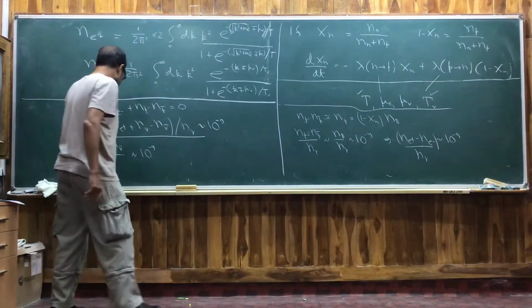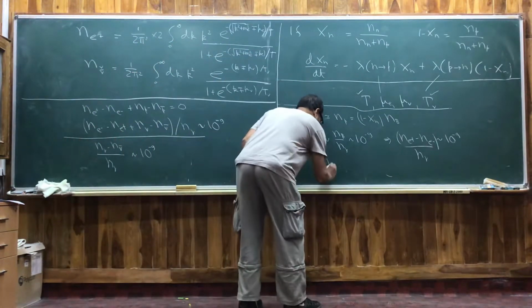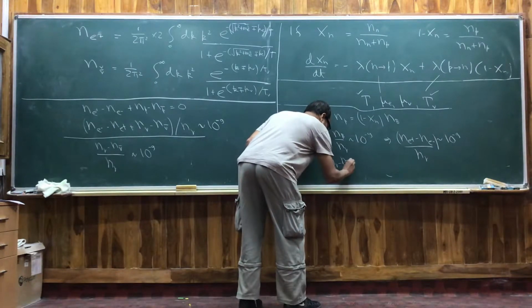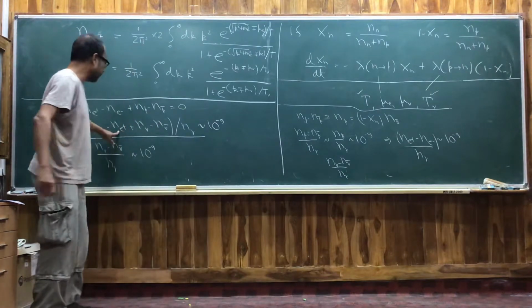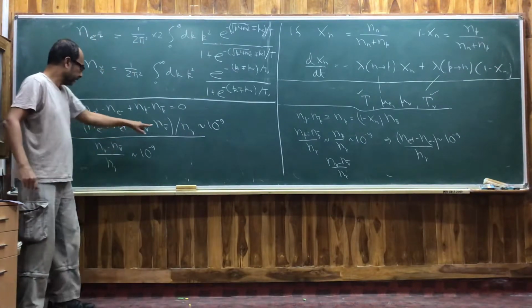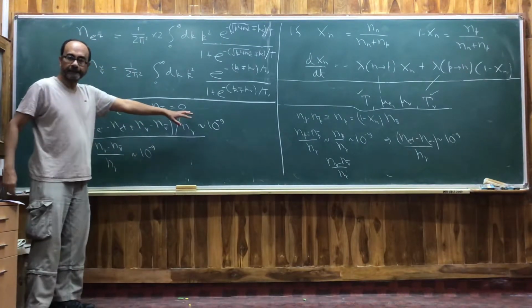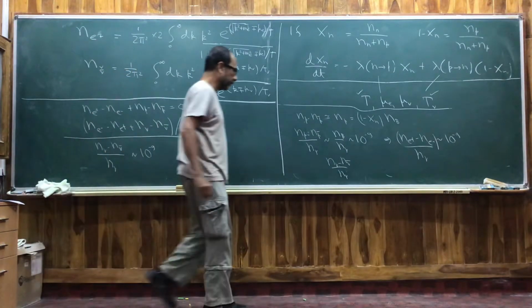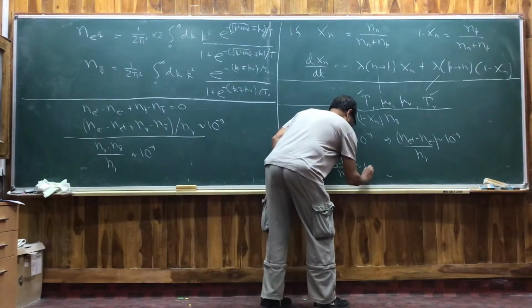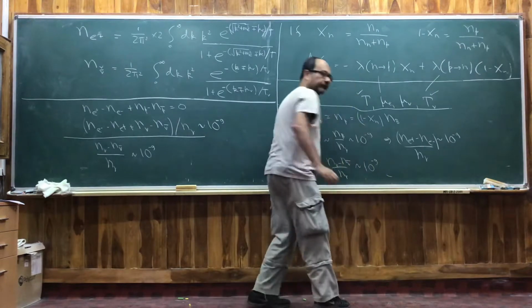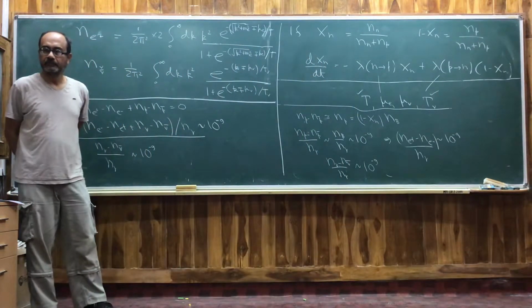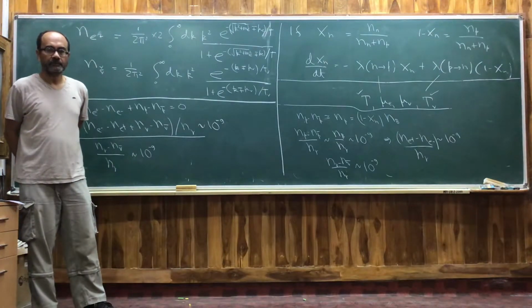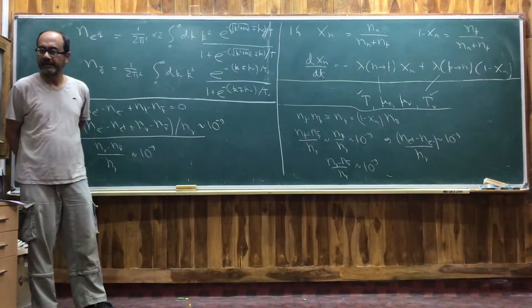And that also tells us that Nu minus Nu bar over N gamma, from the second equation, once this over N gamma is of order 10 to the minus 9, you take it to the other side, so this over N gamma is also 10 to the minus 9. Is this clear?